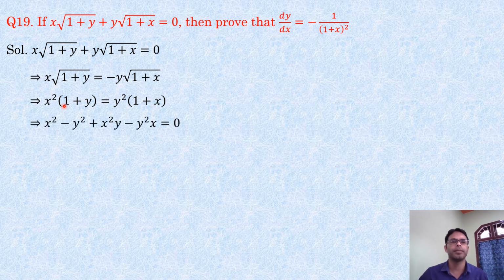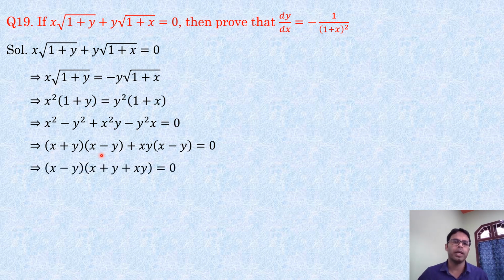Complete the products here, it is x square y, this minus y square x equal to 0. Then it is x plus y into x minus y, xy is common here, so it is x minus y. On the right hand side it is 0. So x minus y is taken common, this is x plus y plus xy, right hand side is equal to 0. Now be sincere here.